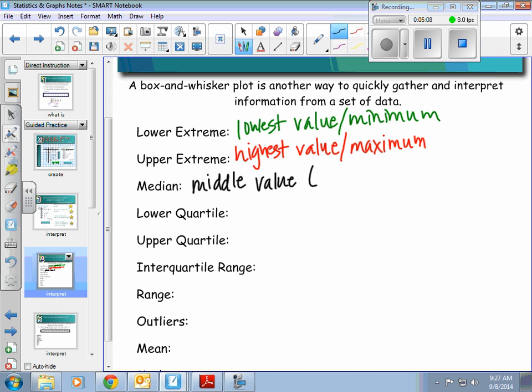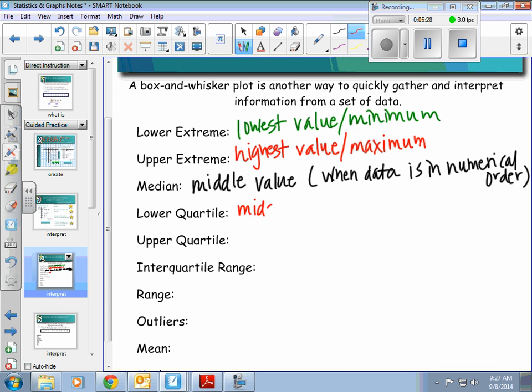So when data is in numerical order, the lower quartile is very similar to finding the median, except it's the middle of the lower half. And you guys are all smart, so I bet you can guess that the upper quartile is the middle of the upper half.